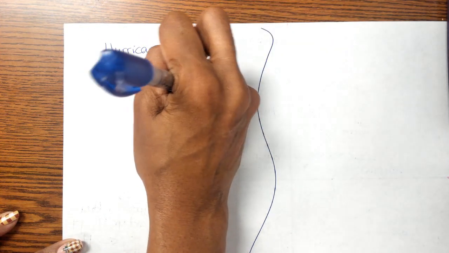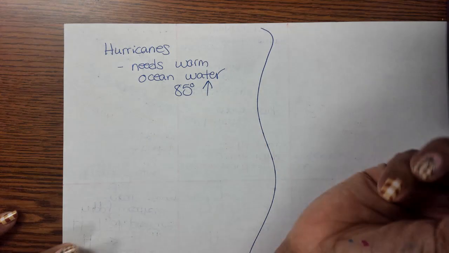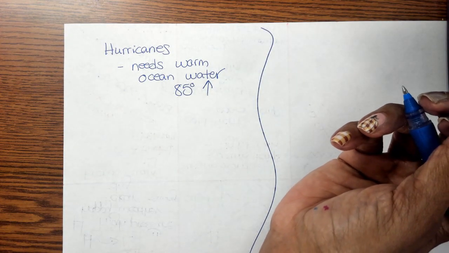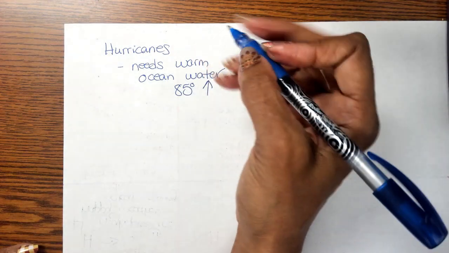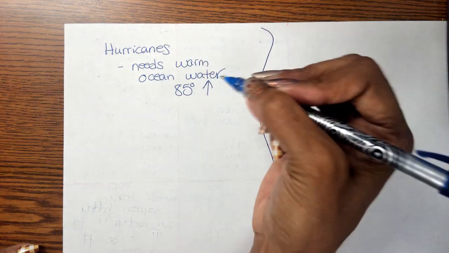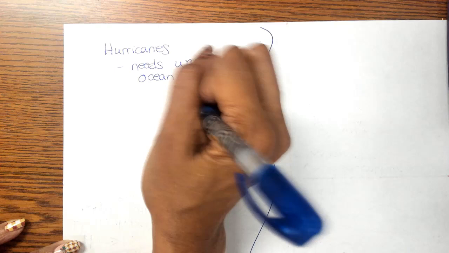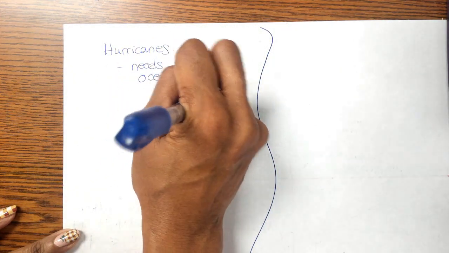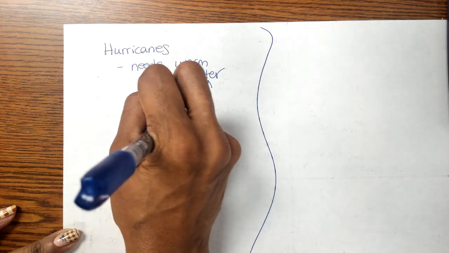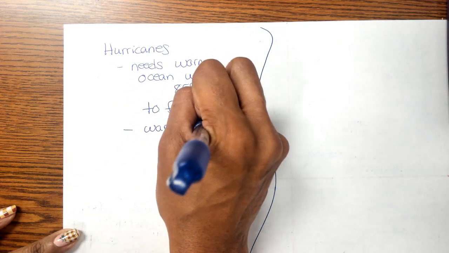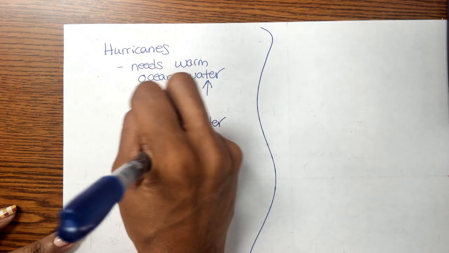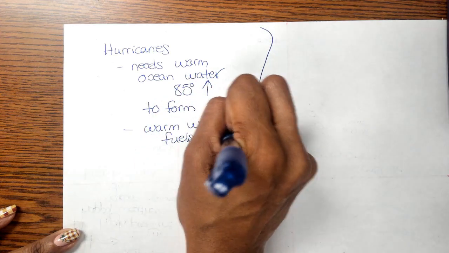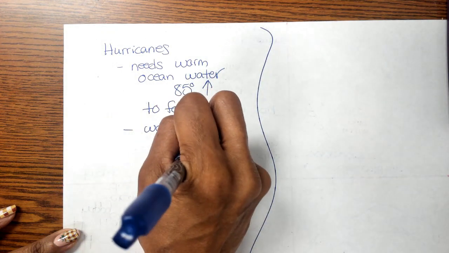And it's usually 85 degrees or higher. Okay? That's what fuels a hurricane. It's not a warm front, it's not a cold front, it's not an occluded front. Hurricanes form over warm ocean water. Okay? And then warm water fuels the hurricane. I'm going to say fuels or gives energy to a hurricane.